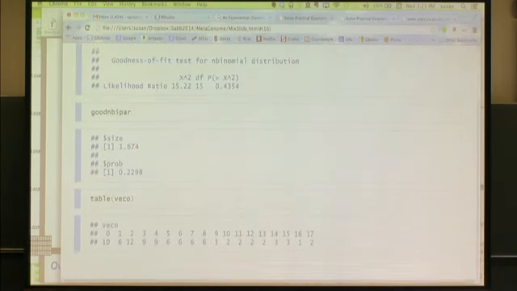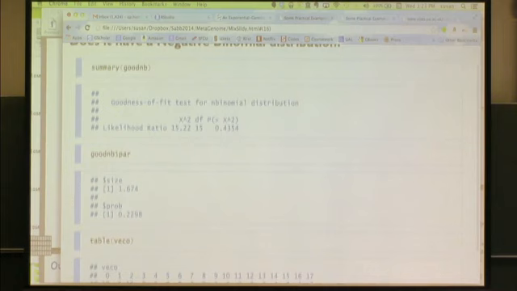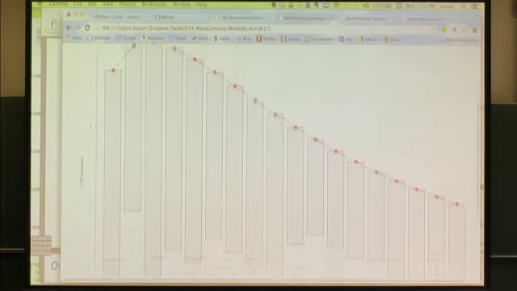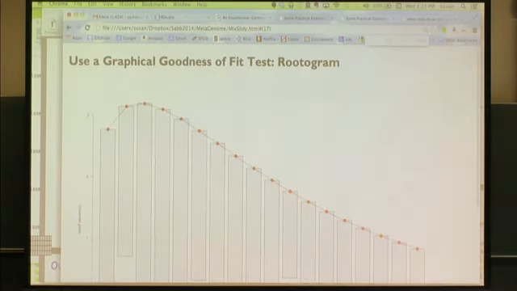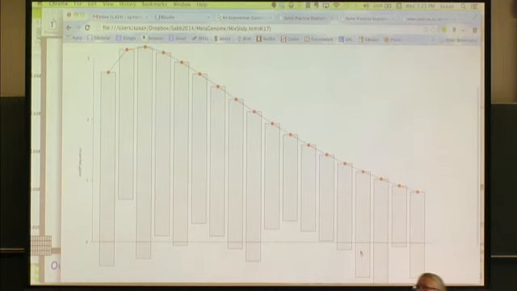So does it have a negative binomial? I fit that distribution to a negative binomial, and then I made what's called a rootogram. When we look at whether a continuous variable fits a model, we often use QQ plots.